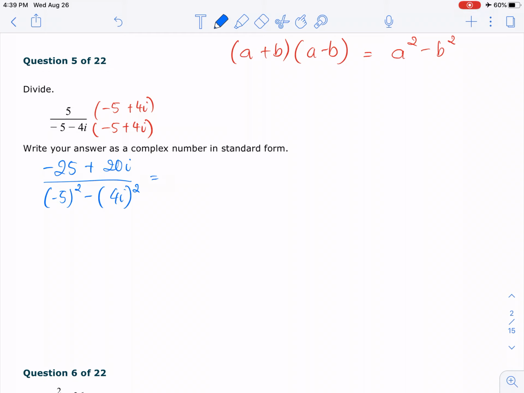Now don't forget that i squared is negative 1. So on the bottom we actually have 25 + 16. So as you can see, the bottom is 41, but you don't want to write it that way. You want to break it up. So we have -25 over 41 + 20 over 41, and then you attach the i there.